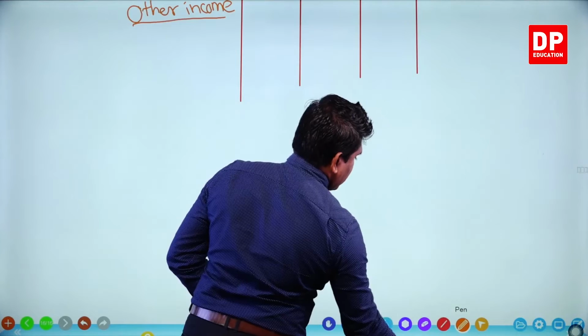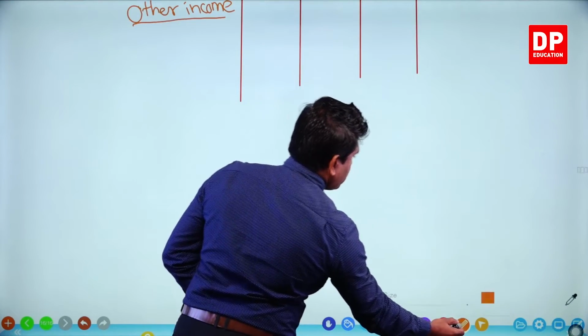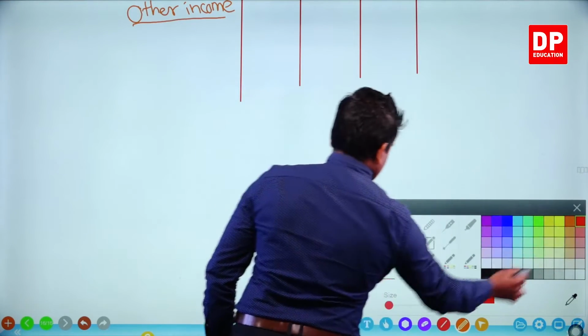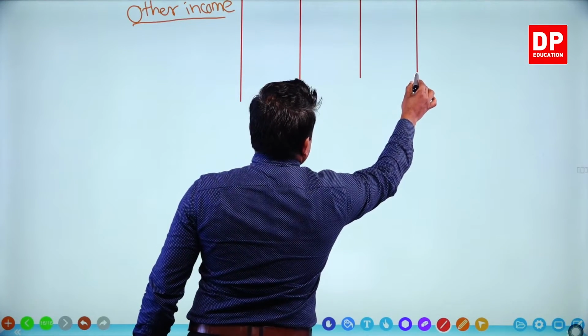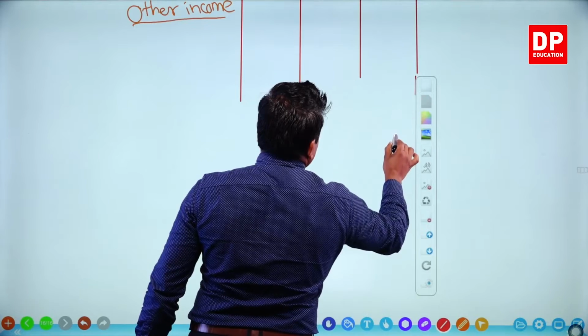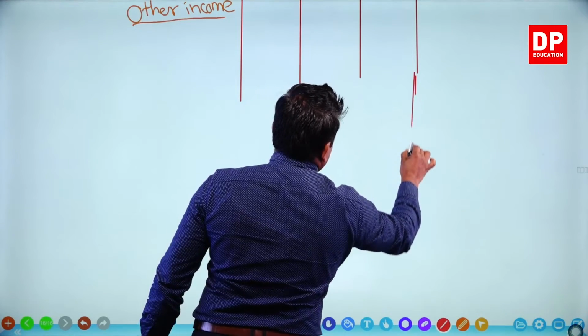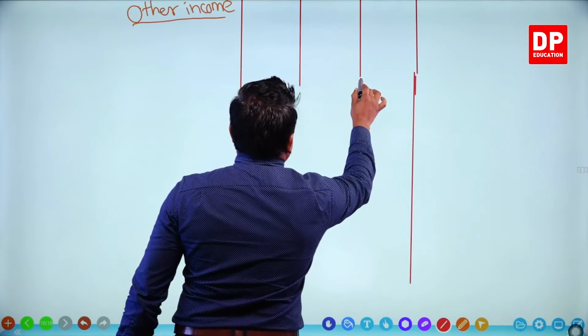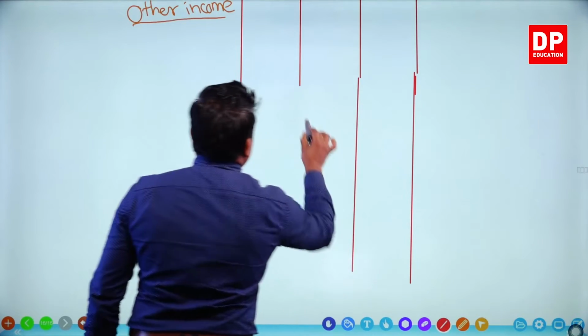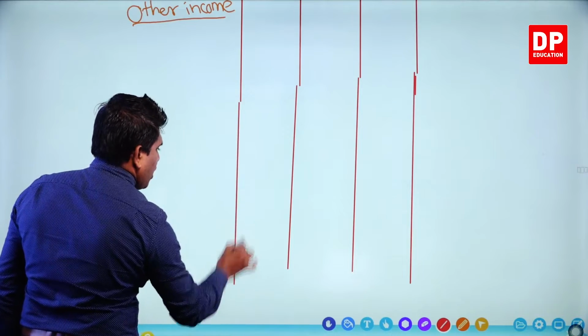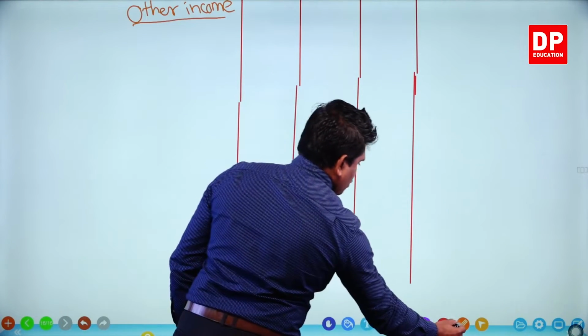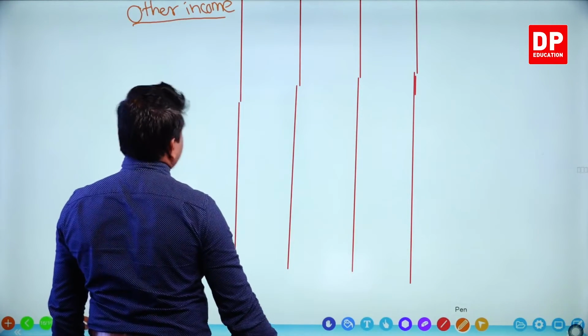So I draw the expenses classification now, right? Here you can expand the same columns down, right? You have to expand the same column down like this. Tell me now actually how many expenses to write here?